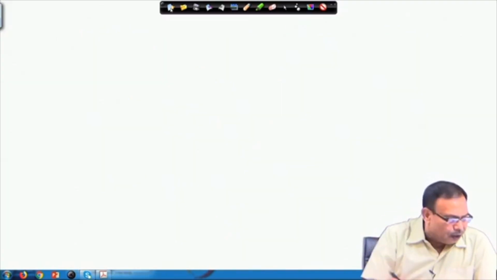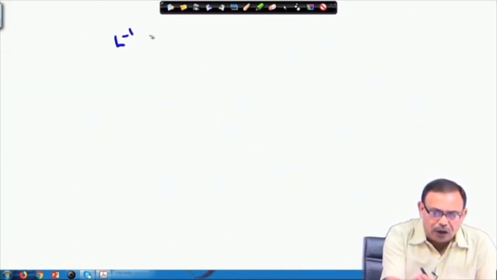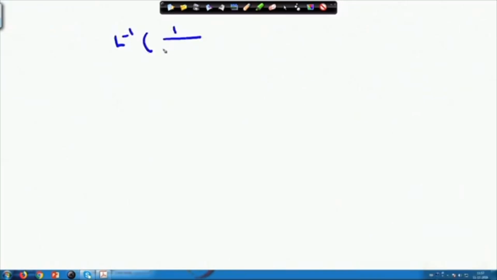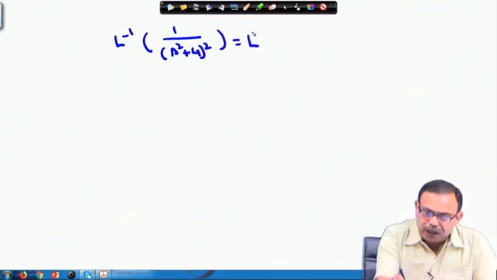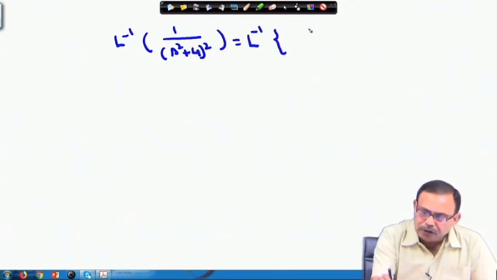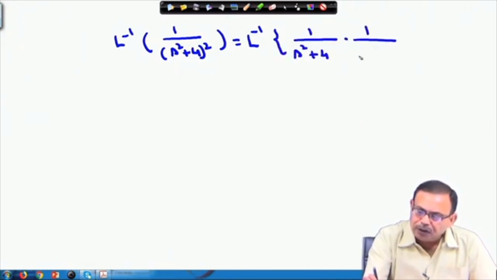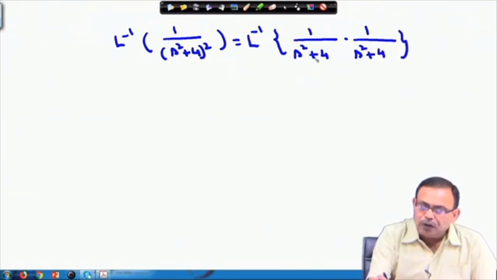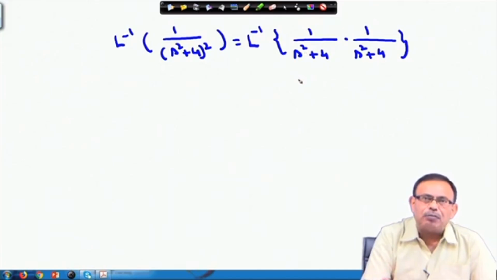Let us see this one, Laplace inverse of 1 by s square plus 4 whole square. This I can write as Laplace inverse of 1 by s square plus 4 into 1 by s square plus 4. I know 1 by s square plus 4 is the Laplace transform of the function half sin 2x.